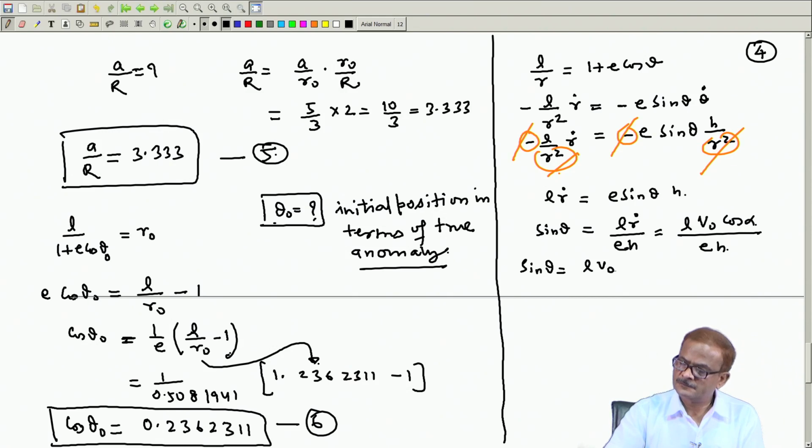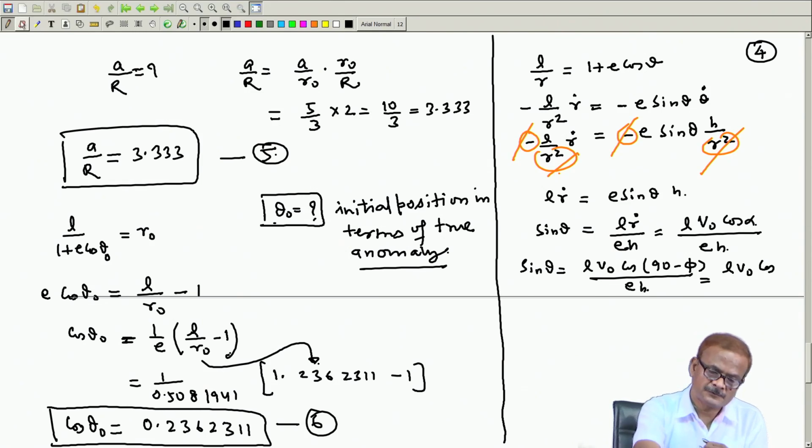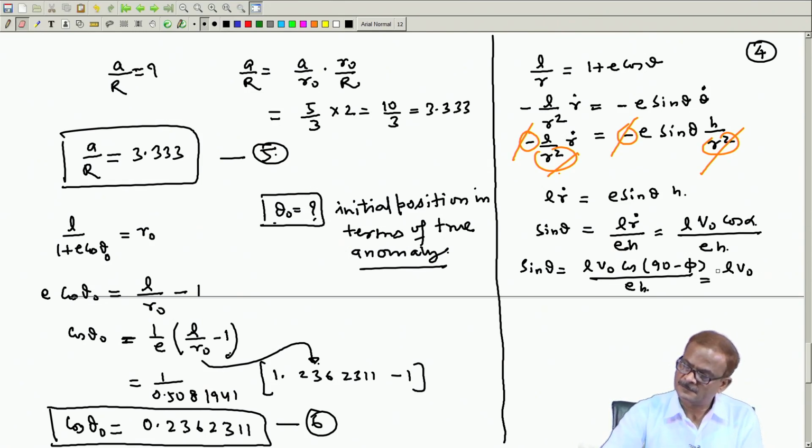Now, alpha is 90 minus phi, where phi is 20 degrees as given. So, this gets reduced to L V0 cos(90 minus phi), which becomes sin phi, divided by e times h.